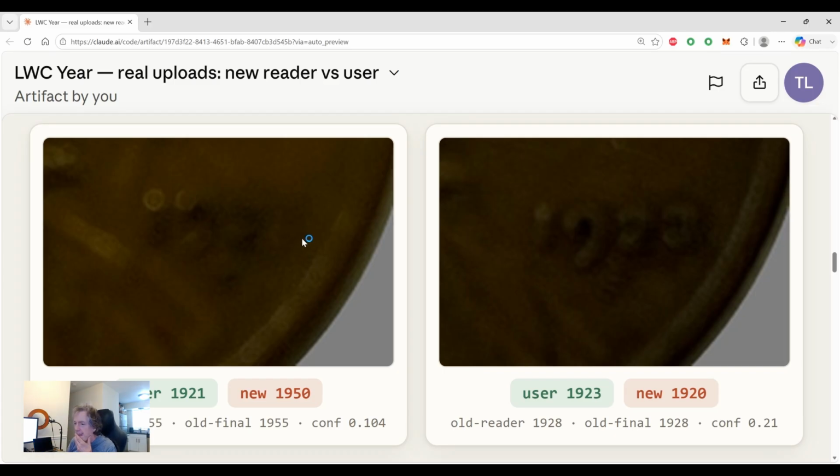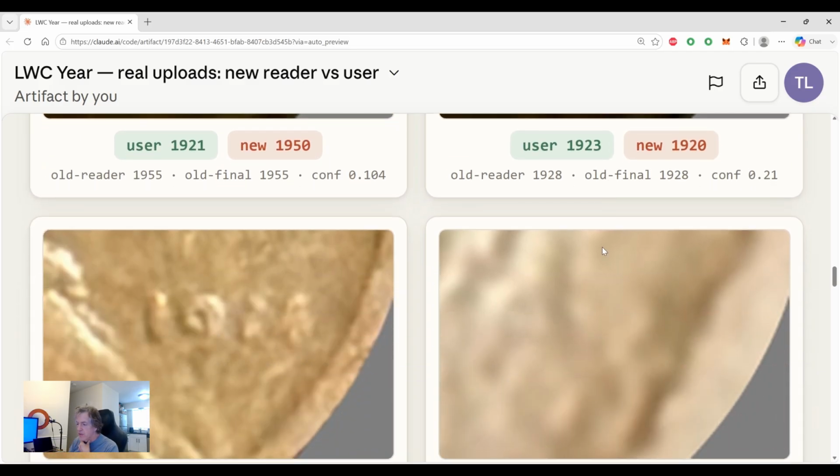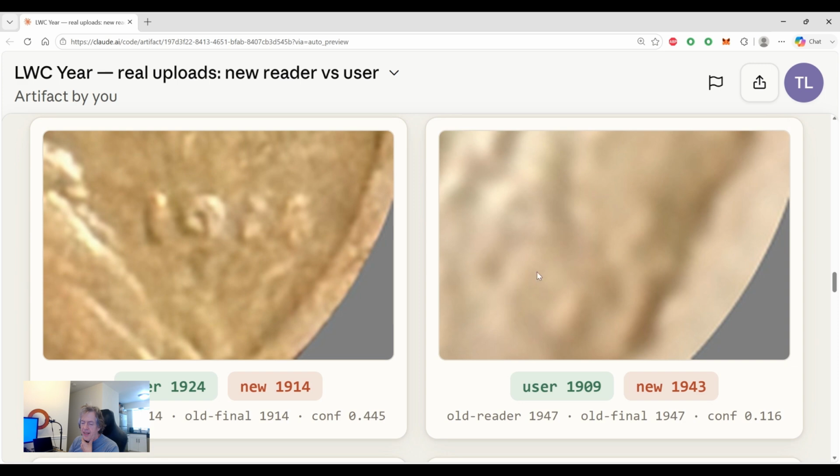I would say the AI is doing a pretty good job. As you can see, these are pretty difficult. In this case, I probably would have said it was a 3, even though it's pretty difficult. Here the user says it's a 24. I just think it's a clarity issue. This one, maybe this is a pizza or something. I don't know, although the system's pretty good about kicking out pizzas.